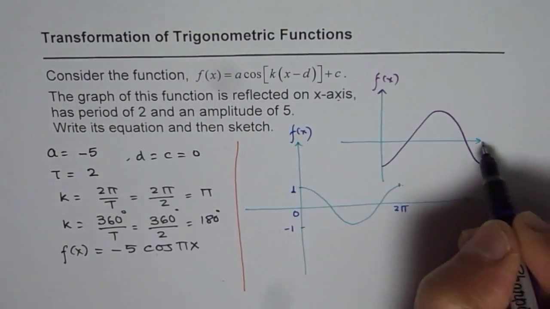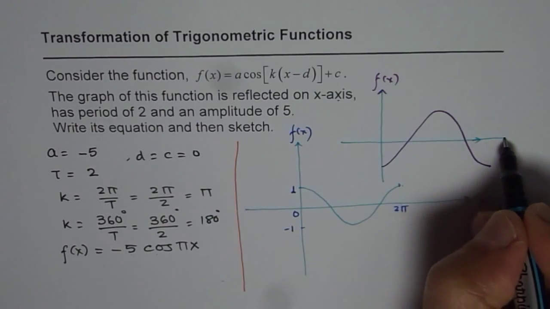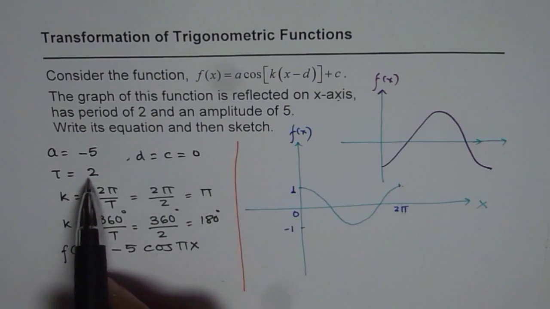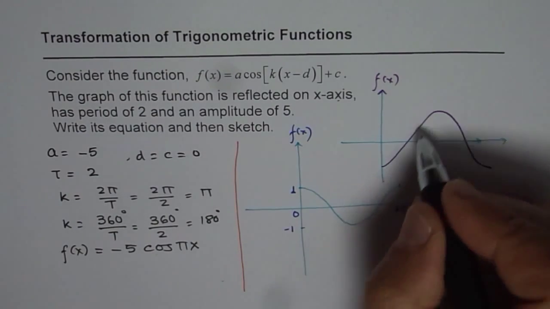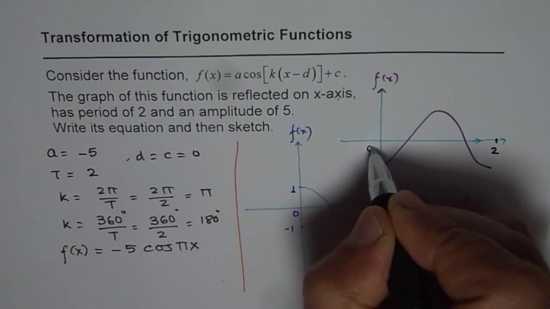Is that okay? So that is how our graph is going to look like, and this is the function f of x, where, let me extend this a bit more, where the time period for us is how much? Time period is 2. That means this full cycle will be completed from 0 to 2.